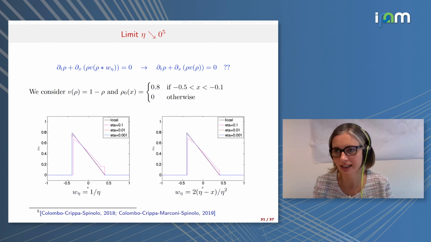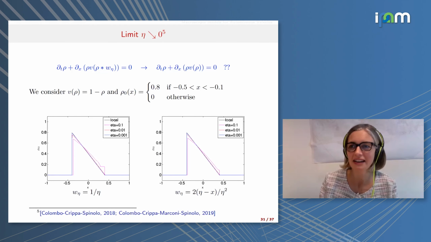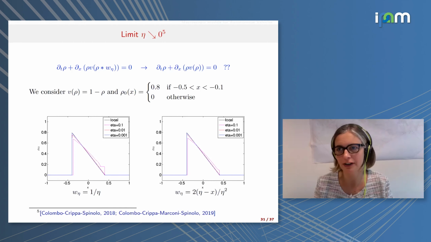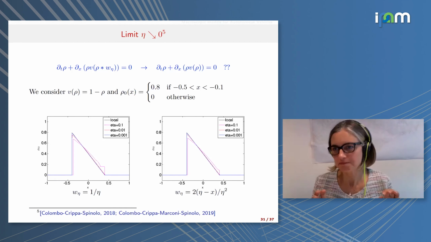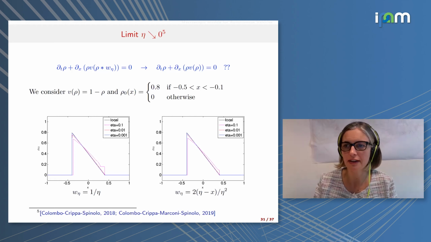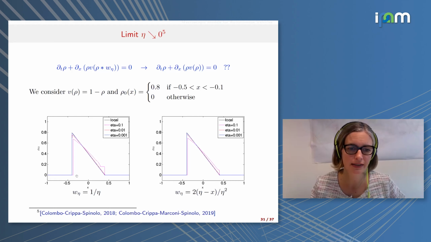Mathematically, it's less clear, so there are counterexamples, but they are very technical. For what traffic is concerned, I think we can assume that we have this convergence. So in these graphics, I changed the length of the horizon, diminishing it, and we see that we converge to the classical model profile.